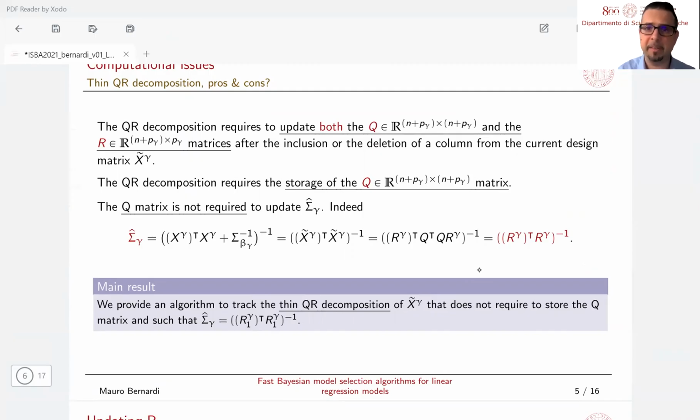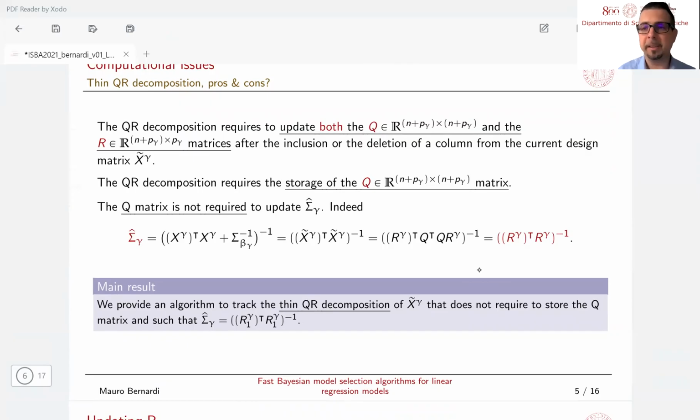The first reason is that the QR decomposition requires the updating of the Q matrix and the R matrix, and when the dimension of the space p gamma is large, the computation of those matrices requires a lot of computational effort. Moreover, the QR decomposition requires the storage of the Q matrix, which is a very big matrix when p is large.